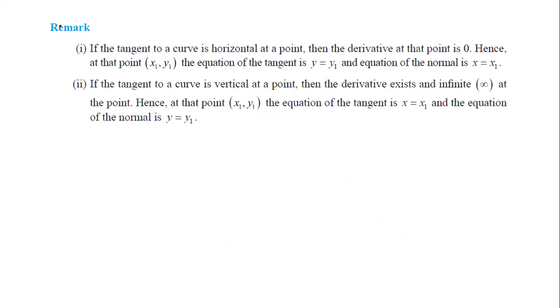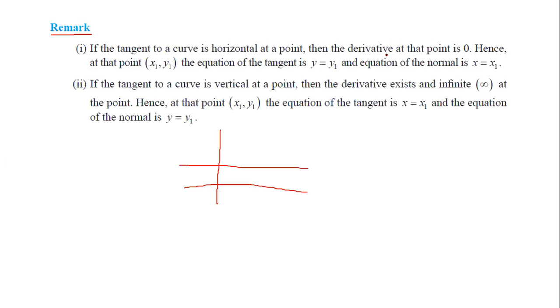See here, two remarks are given. The remark is, if the tangent to a curve is horizontal at a point, meaning the curve has a horizontal point, then the derivative at the point is 0, because there is no rate of change.